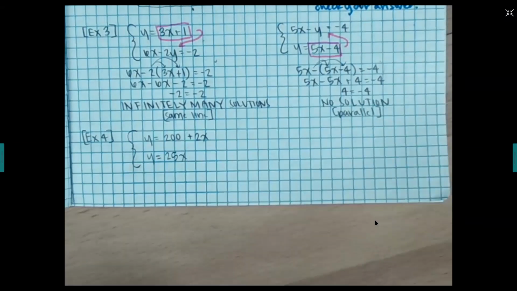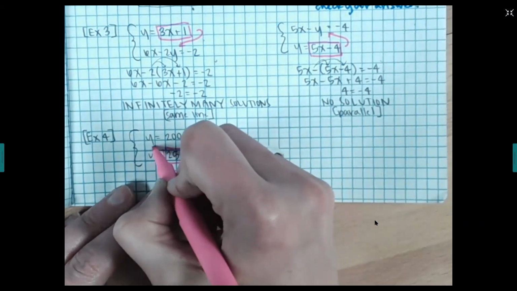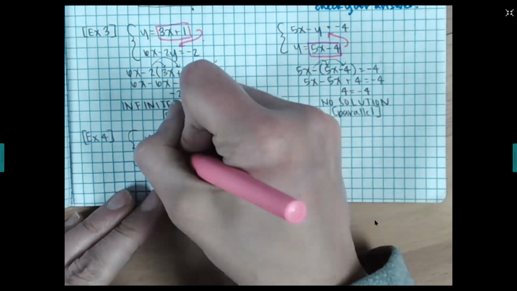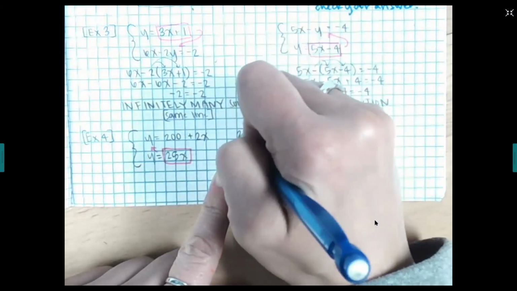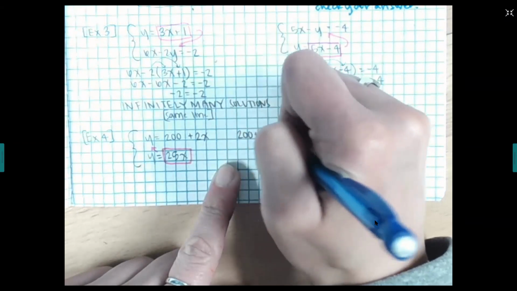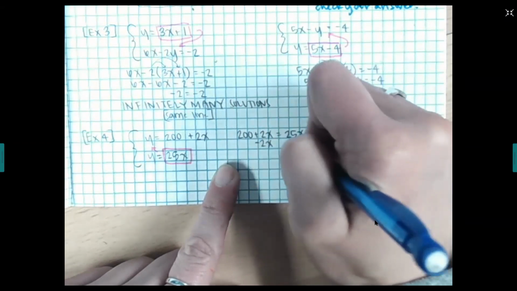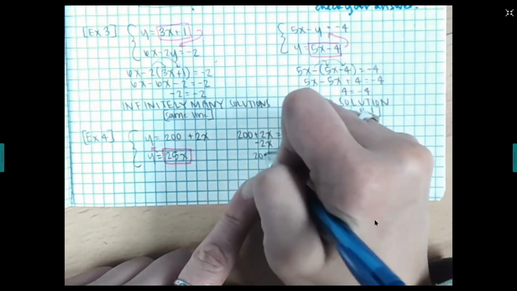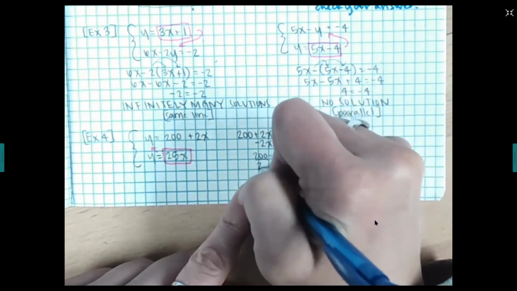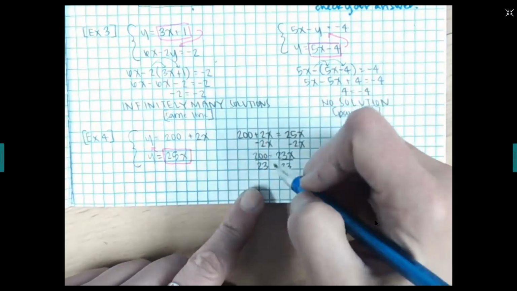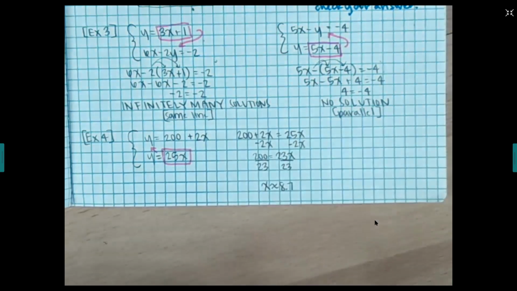And in this equation, when they're both set equal to y like this, we can just set the two equations equal to each other. So I end up with 200 plus 2x equals 25x. And I subtract 2x from both sides to get 200 equals 23x, and then divide by 23. So I get that x is equal to about 8.7.